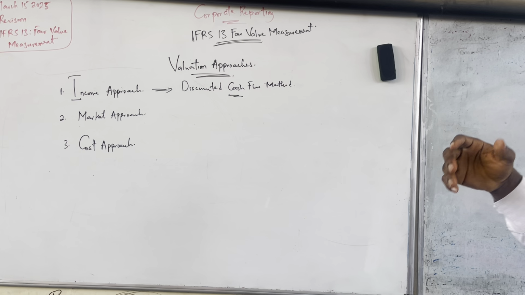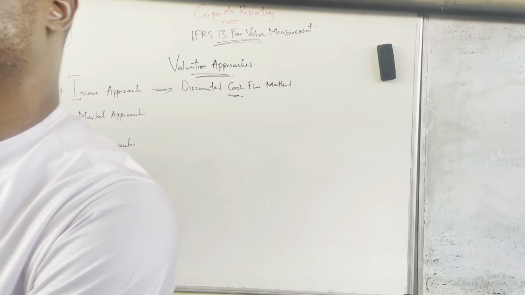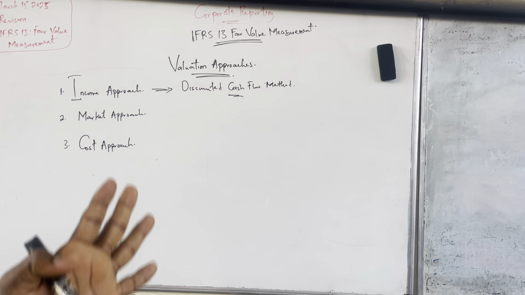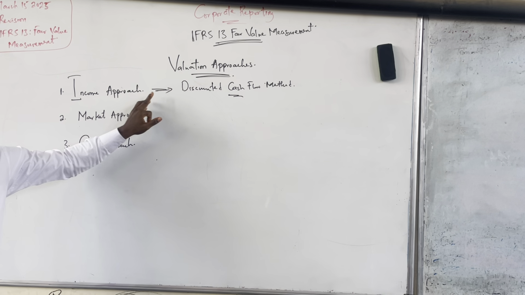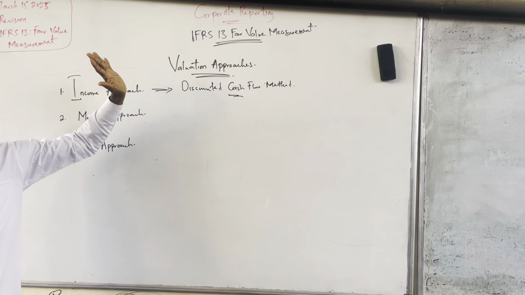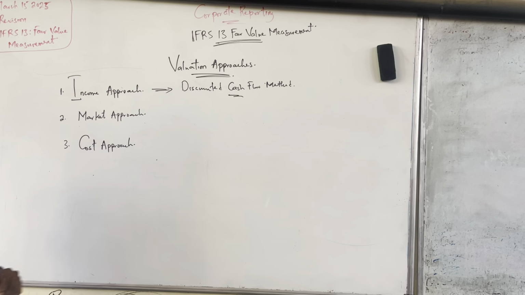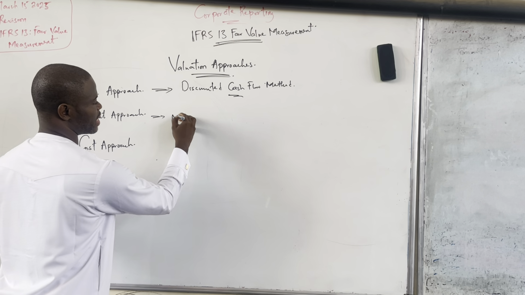So it doesn't really apply to all assets. These are the assets that you have no choice than to use income approach. So this approach determines fair value by using which method? Discounted cash flow method.